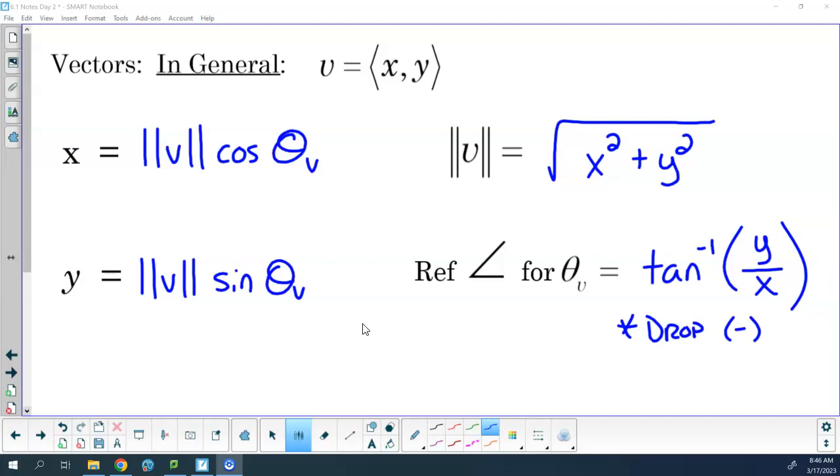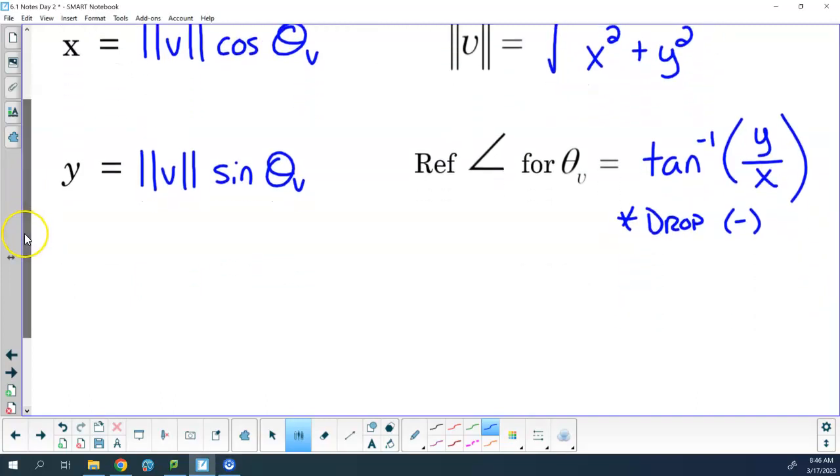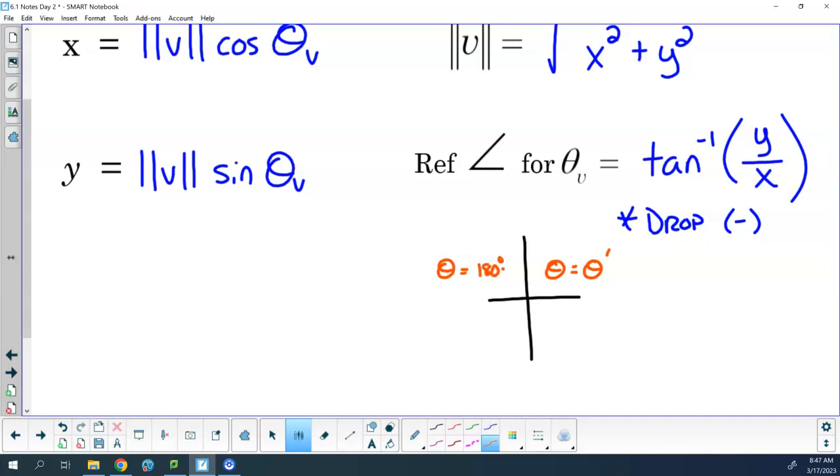So anyways, we got that. But remember that because we're dealing with a reference angle, we're going to have to adjust into our quadrants. If our angle is in quadrant 1, then our actual theta is our reference angle. If we are in quadrant 2, our actual theta is 180 degrees minus our reference angle.